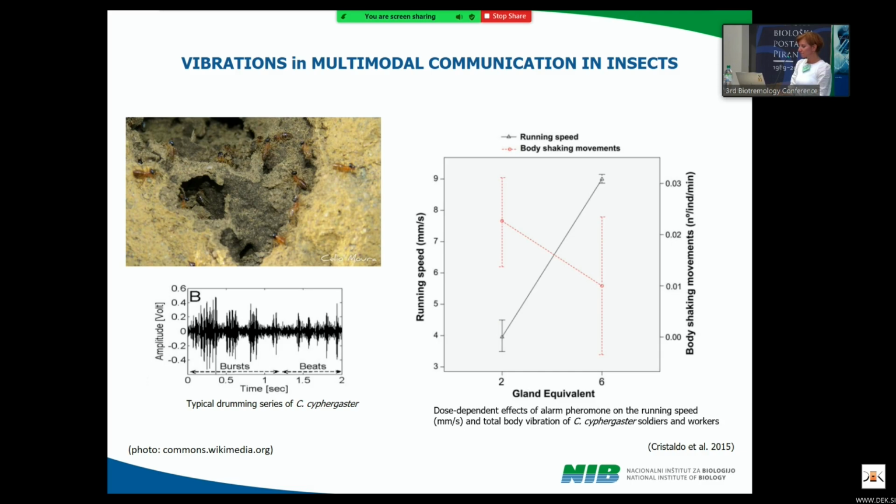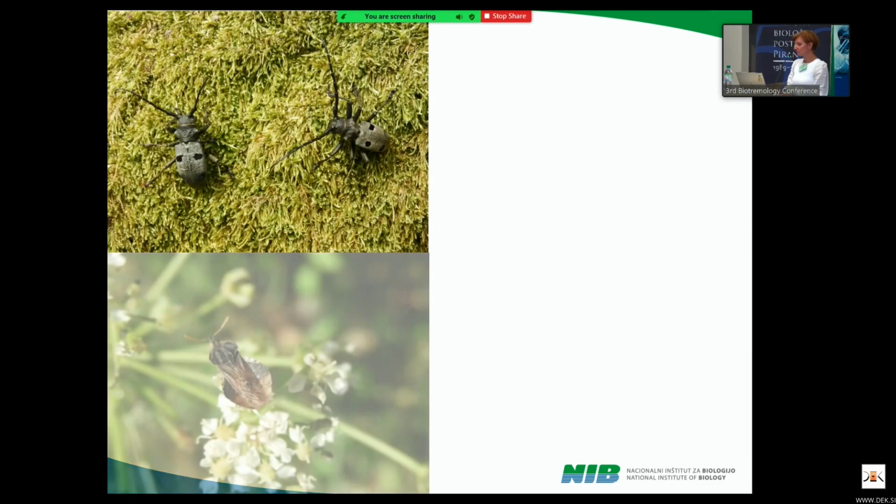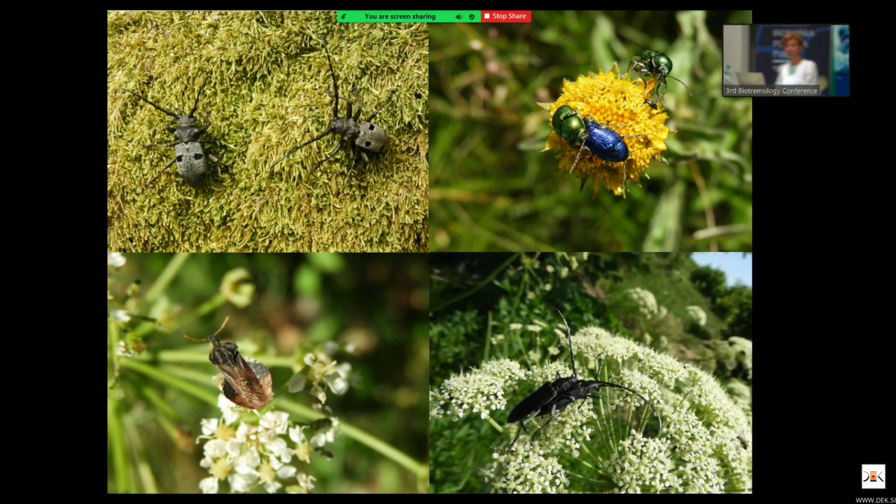And in my future work, I would really be interested in looking specifically at the potential interactions of vibrations and chemicals within flightless or wingless species of cerambycids, because some preliminary experiments indicate that they might also use vibrations when they are in closer contact, and of course there is an increasing number of studies showing that they use pheromones within the whole subfamily.